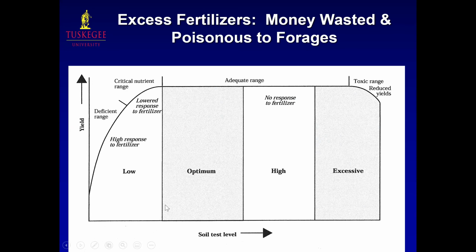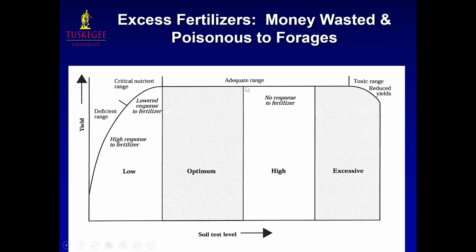Up to this point, the fertilizer application is less than required. That's why the yield keeps on increasing until this point. And at this point, it is at the optimal level, beginning from here all the way to here. So our target should be stopping fertilizer application right here somewhere.